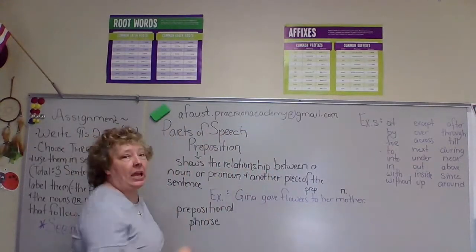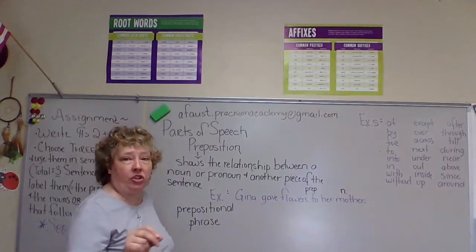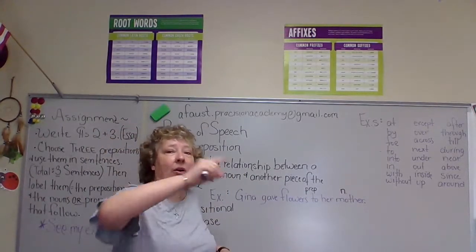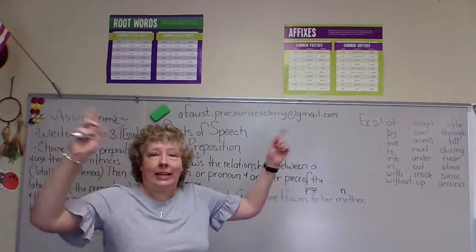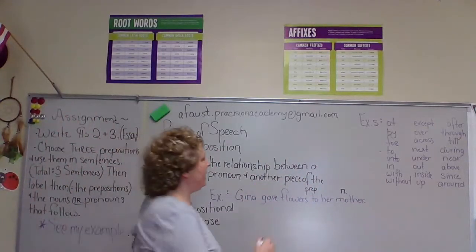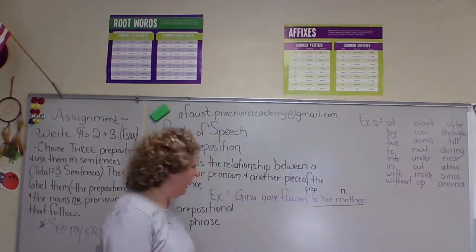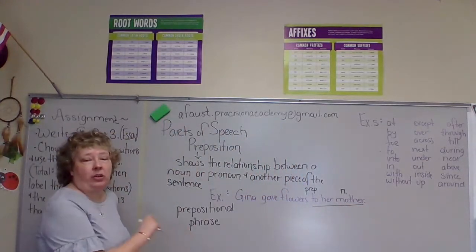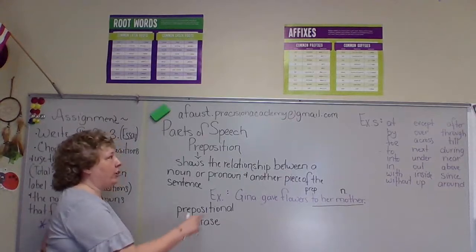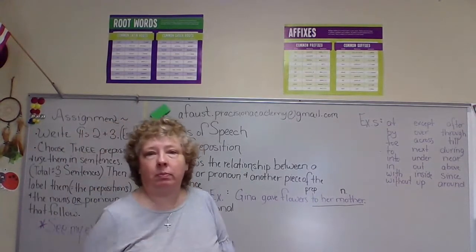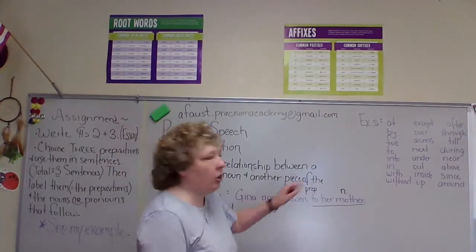Relationship. It's all about showing relationship. Sometimes we say connect, but it is our next part of speech that is the true connector word. So we have this. To her mother. That is what we call a prepositional phrase. So, in order to figure out preposition and all that, unless the person says, just find me the preposition. To. You're done.